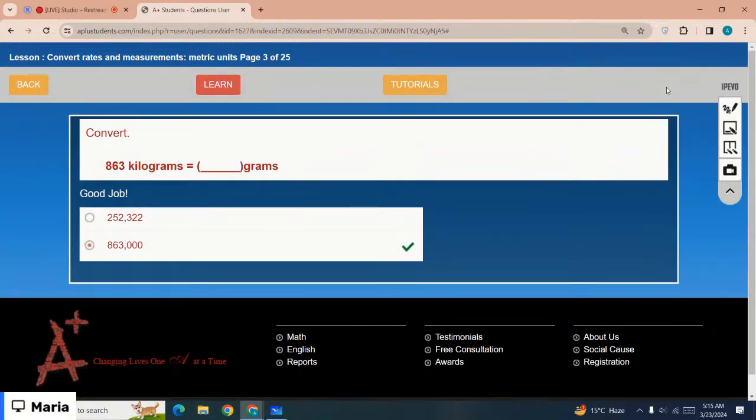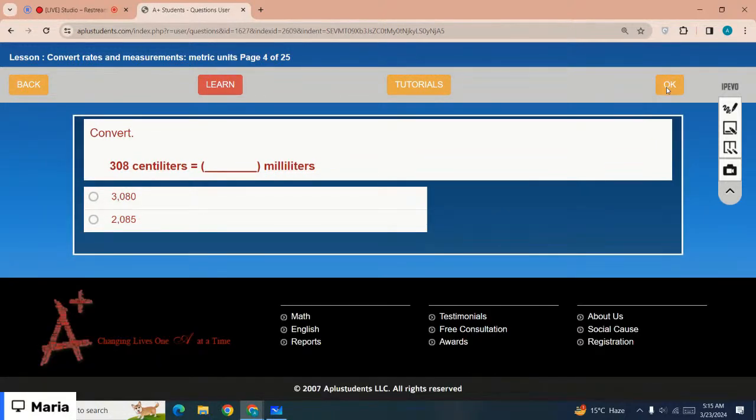The correct option is 863 thousands. 308 centiliters equal how many milliliters?